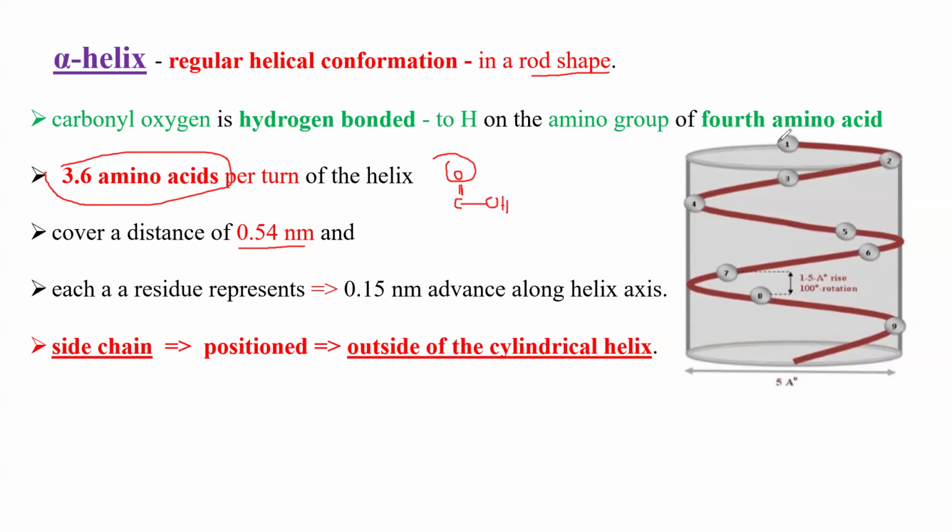This is a typical demonstration of an alpha helix, where the distance per amino acid is 1.5 angstrom, and each turn of the alpha helix has about 3.6 amino acids.